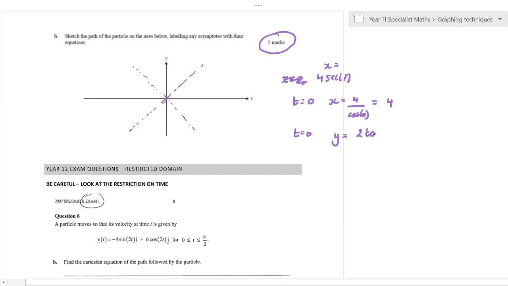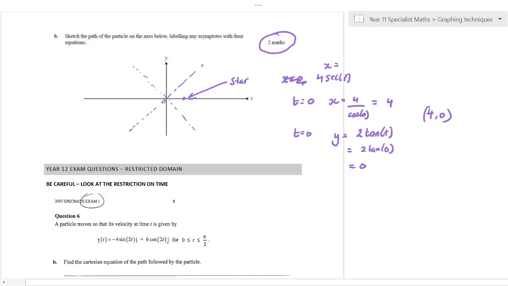What's tan of 0? 0? Yep. So 2 tan of 0 is equal to 0. So therefore, we have got the coordinate 4, 0. So it starts here. Okay. This is the starting point.